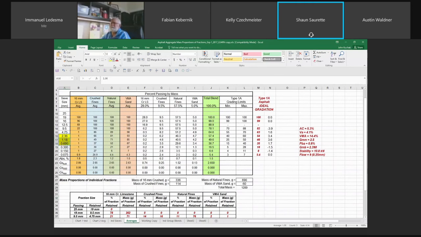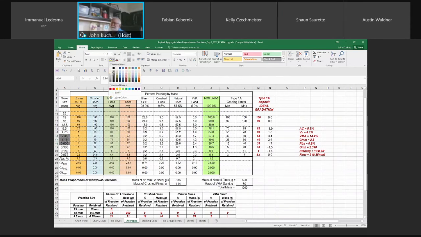What I'm going to mention to you guys, 0.3 is a critical sieve to give us a hump. So when I look at these, obviously I'm concerned about the 5.4, and percent passing 0.075, I'm obviously concerned for 7.5.